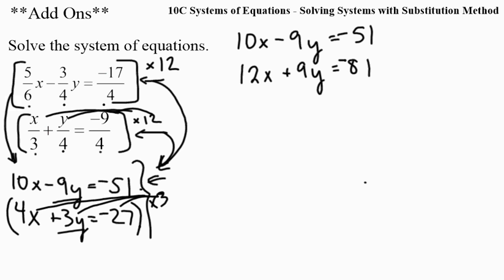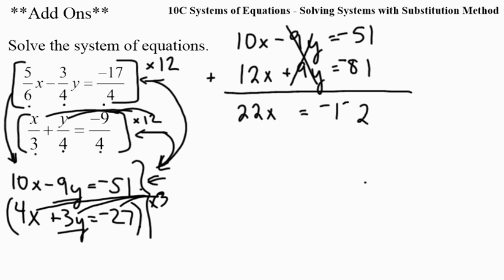And there we go. From there, now I can combine these. 22x, y's eliminate, leaves us with a negative 132, I believe. Then I can divide the 132 by 22 and get a value of 6. So x equals negative 6.